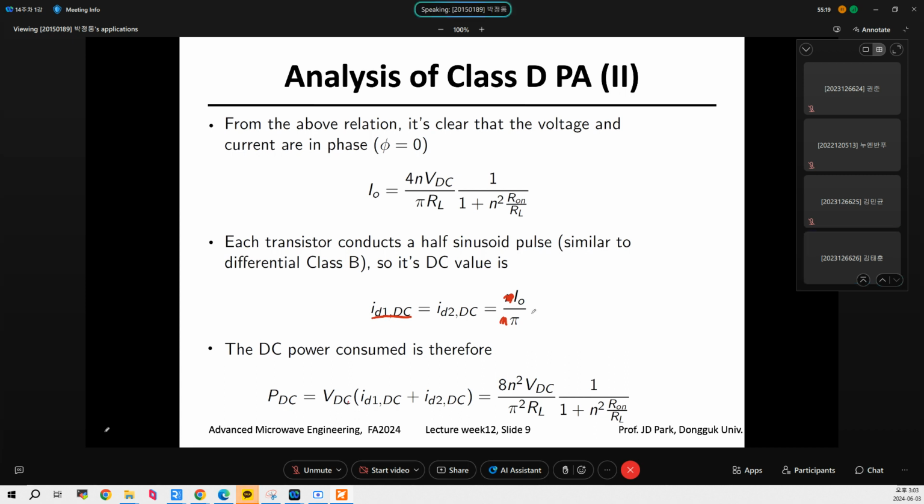So if you put this together, then 1 over n pi multiplied by pi RL on VDC and this. So this cancels. Otherwise, the result is looking very weird. Why? Because this power consumption becomes a function of n scale.